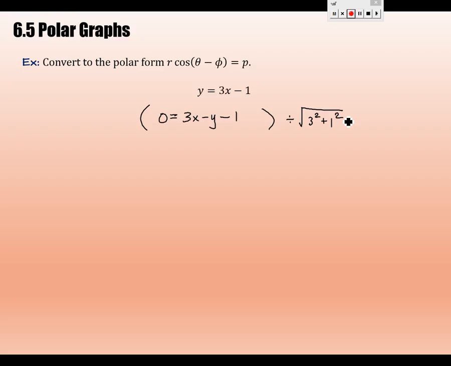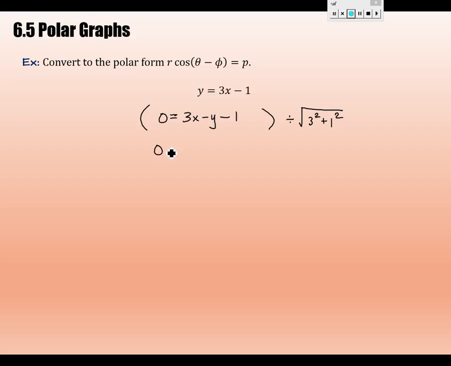We just did this process recently when we were trying to find unit vectors too. It's equivalent to when I ask you, I have a vector 3, -1, find the unit vector in the same direction, and you divide by the square root of 3 squared plus 1 squared. The same thing. I'm just trying to create something that's on the unit circle, kind of.